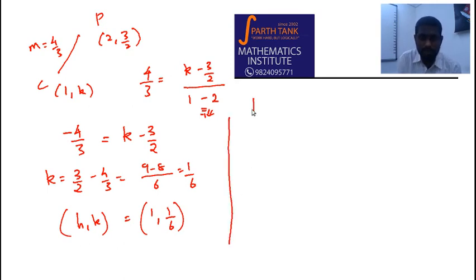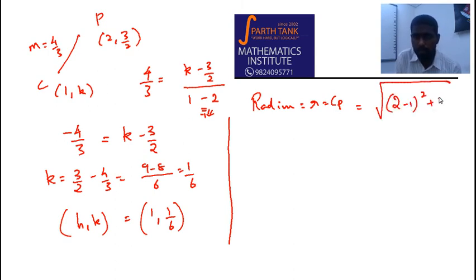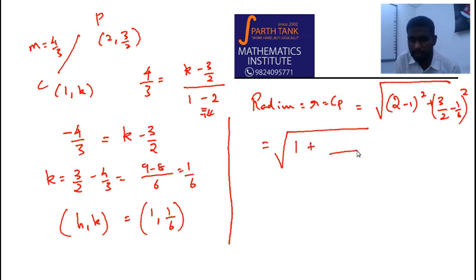Now what will be the radius? Radius r is CP basically, so find the distance between these two points. CP is the square root of (2 minus 1) the whole square plus (3/2 minus 1/6) the whole square. So this is the square root of 1 plus, with LCM 6, 9 minus 1 by 6, which is 8 by 6, and the whole square.